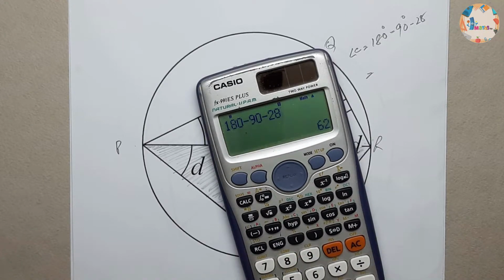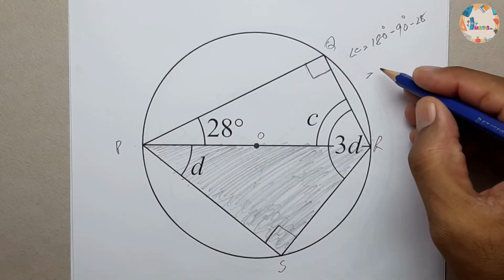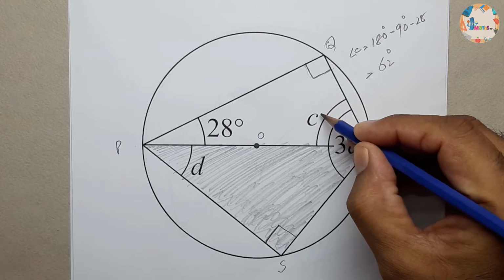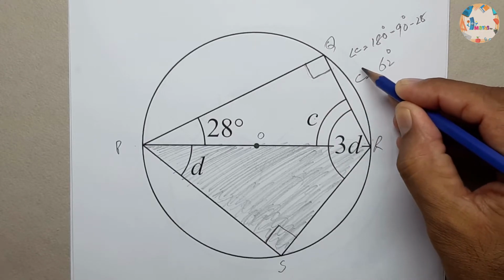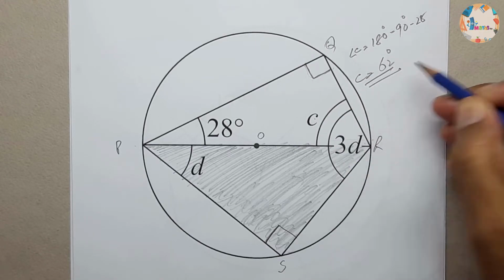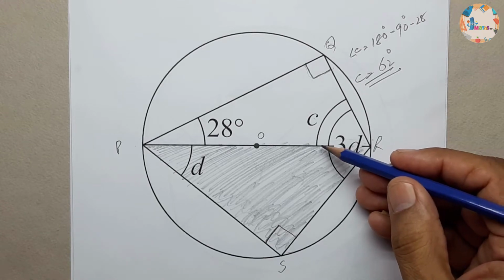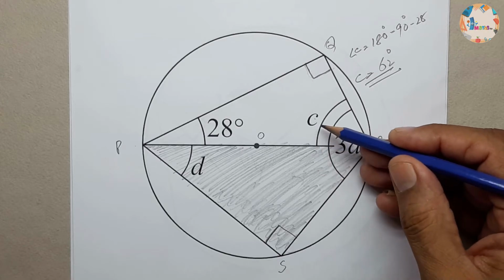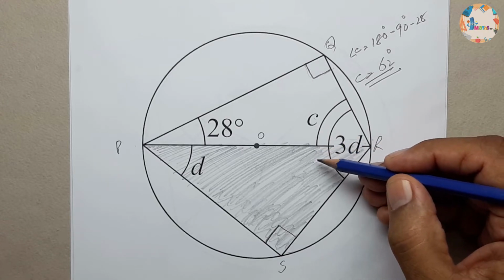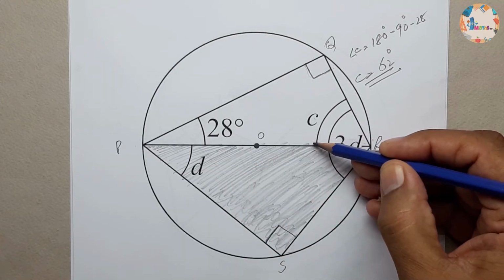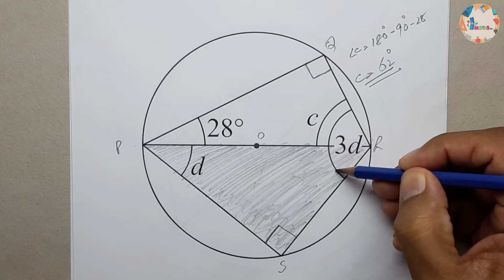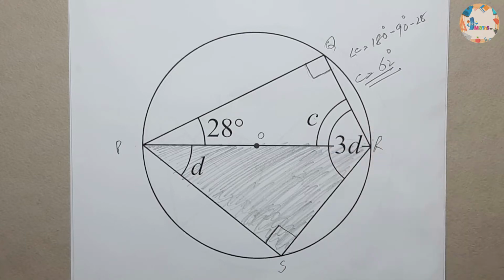So this is 62 degrees, so we got this angle as 62 degrees. So C will be equal to 62 degrees. Now we have another rule that this is 68, this one. So this is 3D, basically this is 3D.